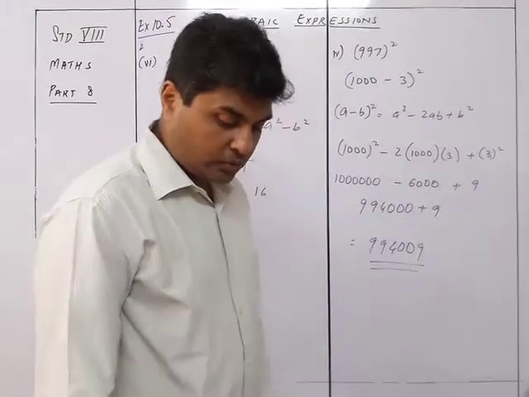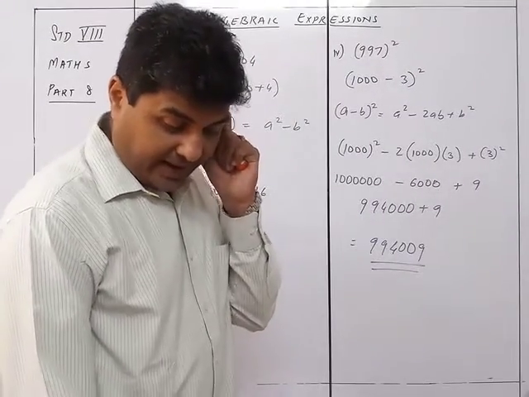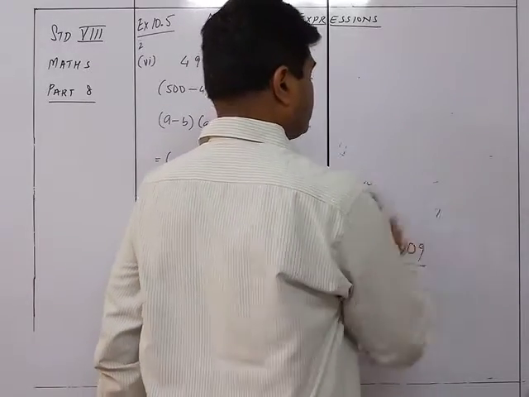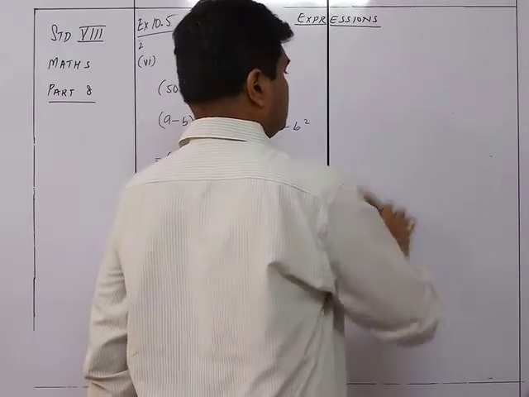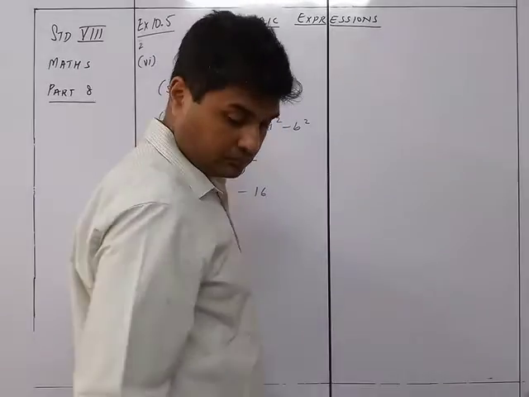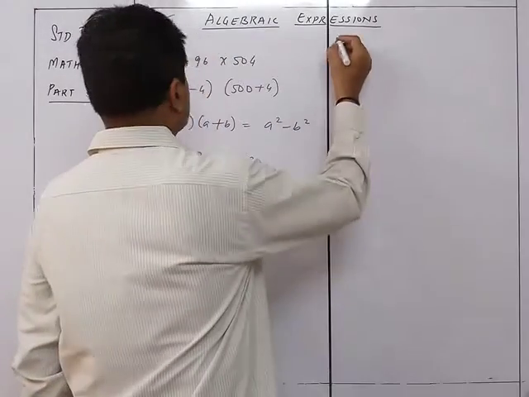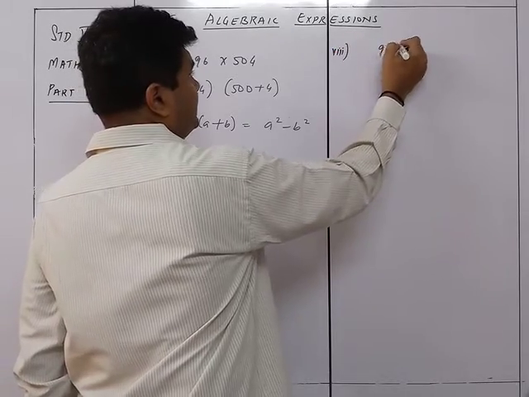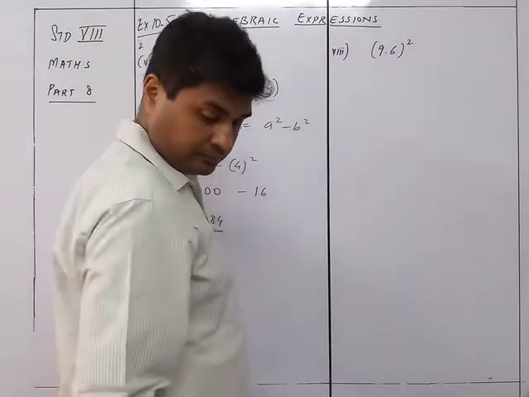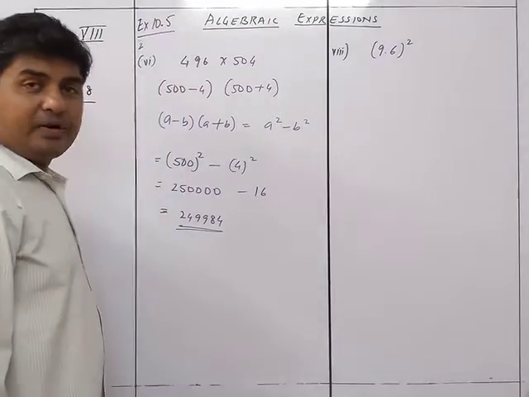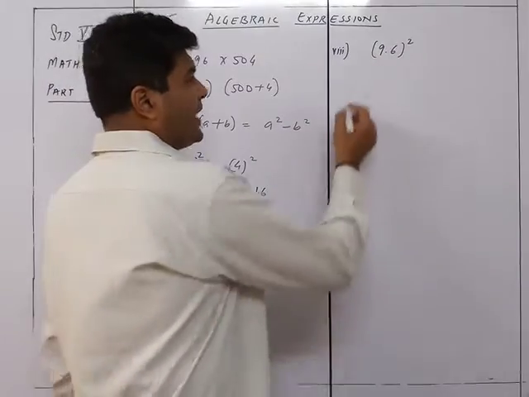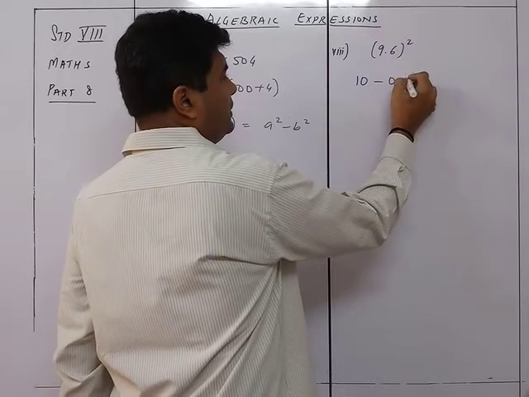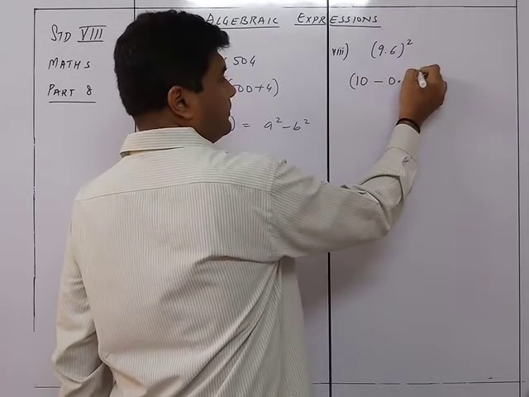We now move on to sum number 2nd ka 8th sum. The question is 9.6 the whole square. Okay, 9.6 the whole square. The easy way out will definitely be 10 minus 0.4 the whole square.